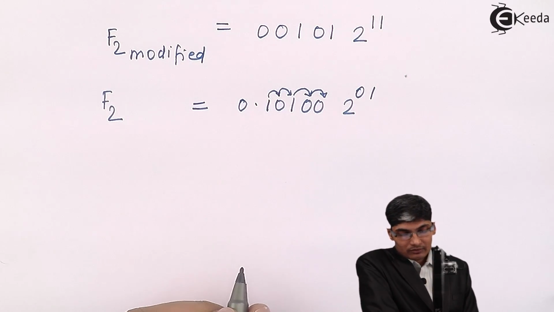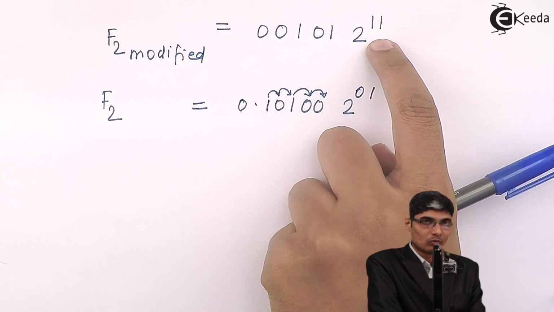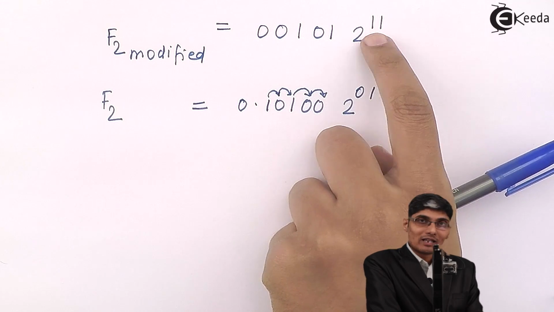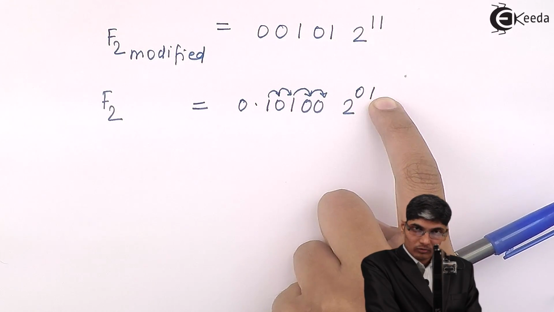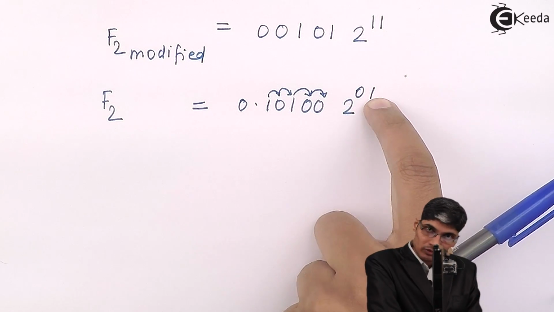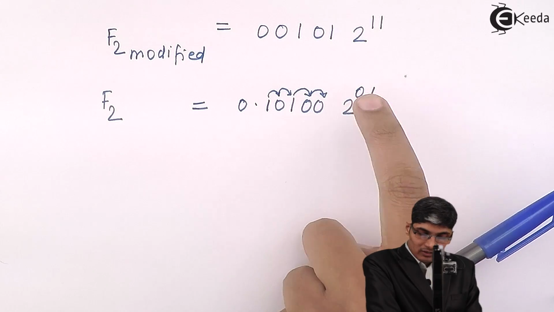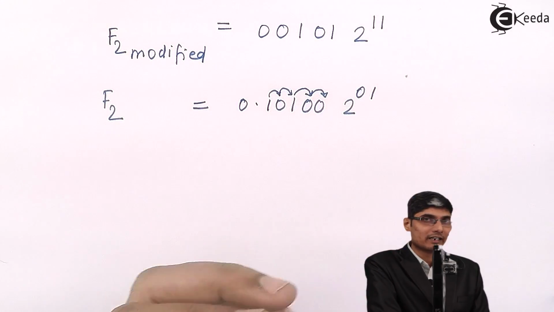Why have I shifted that? Because in the numerator, I want to get a 1, 1. So I want here 2 ones. So I will shift this 0 out first and get 1 over here, and then shift one more time so that I will get 1 over here and 1 over here, right? So while shifting this towards the right, I will shift these bits also towards the right.